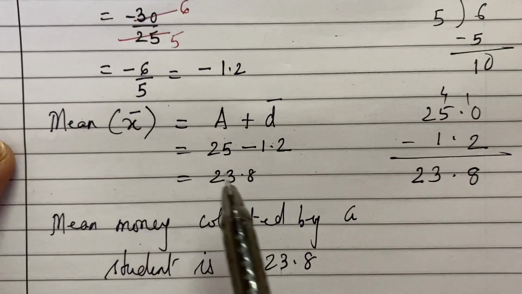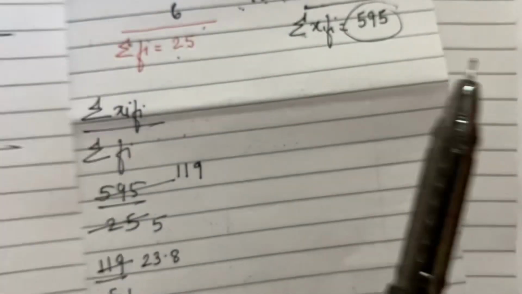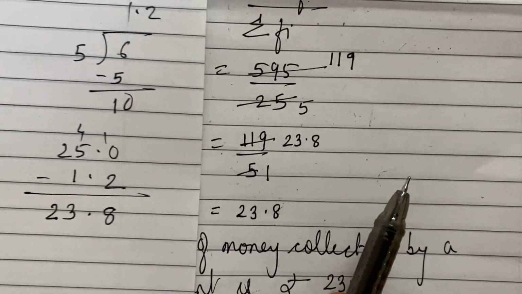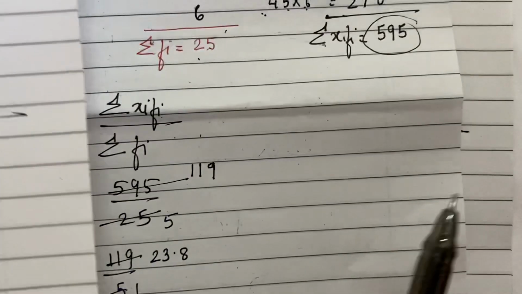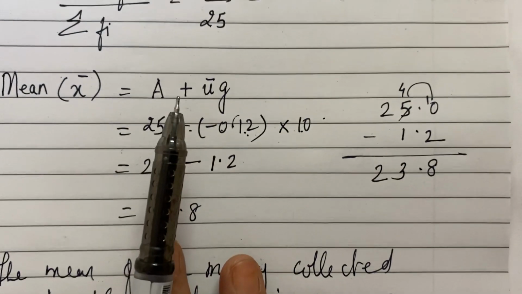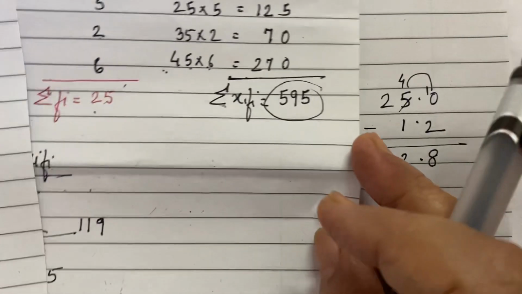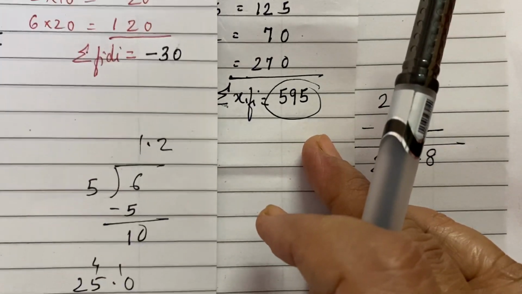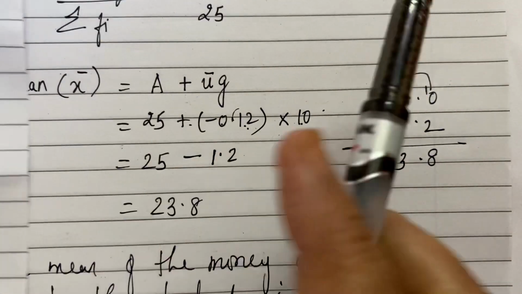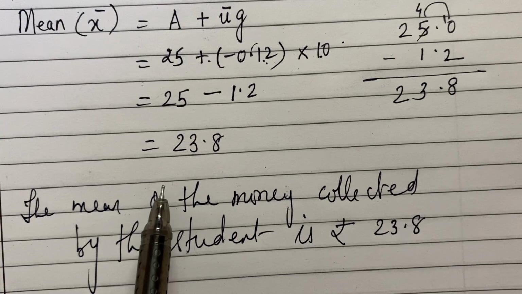You found d bar, and after that the answer came the same, 23.8. From both methods the answer was the same. And your calculations got easier when you went by the step deviation method. From 595 to minus 30, you got minus 3.